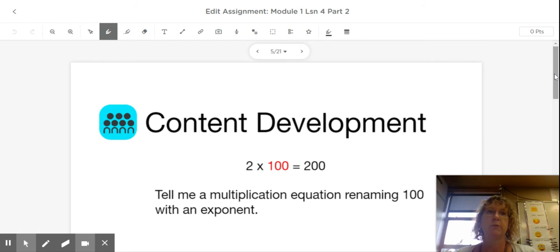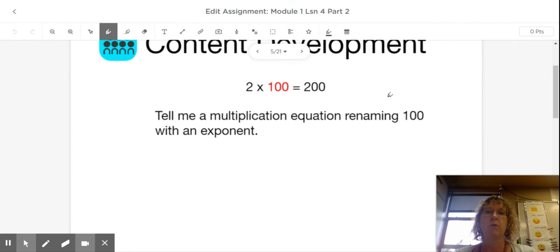Okay. 2 times 100. Now, we're going to rename 100 using an exponent. Remember, on Friday we talked about exponents being that tiny little number, and it tells us how many times we multiply by 10 to get to 100. We know that 100 is 10 times 10, isn't it? That's 10 times 10, right, equals 100.